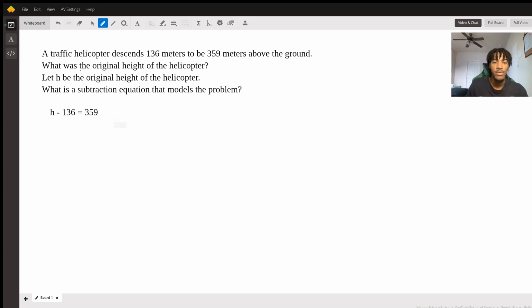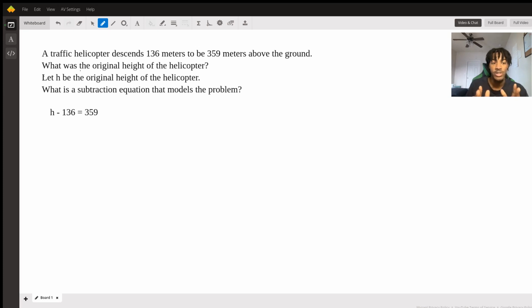This is an example of a one-step math equation. A one-step math equation means you have one computation to make to get the variable h by itself and to solve for the variable. So you only have to solve for one step to get h by itself.